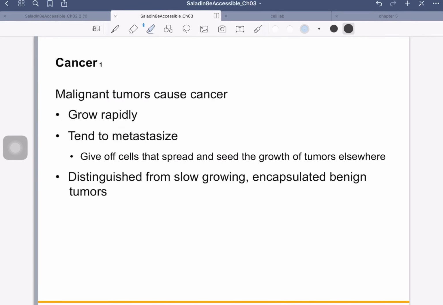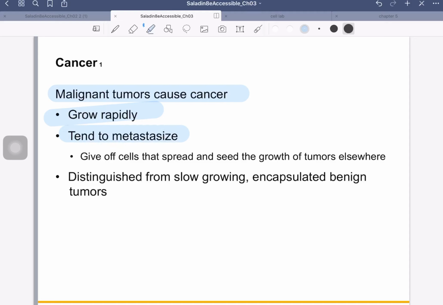Now, we're just going to say a little bit about cancers. It's a huge subject that touches many of us in our lives. But often when we're talking about cancers, we're talking about malignant tumors. And that is the basis of many cancers. And of course, the hallmark of them is that they tend to have uncontrolled growth. They tend to metastasize.